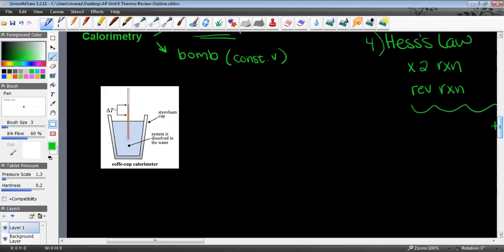So this is the setup. Usually these reactions are taking place in solution, and we measure the temperature change of the surroundings. So we measure the delta T of the surroundings.